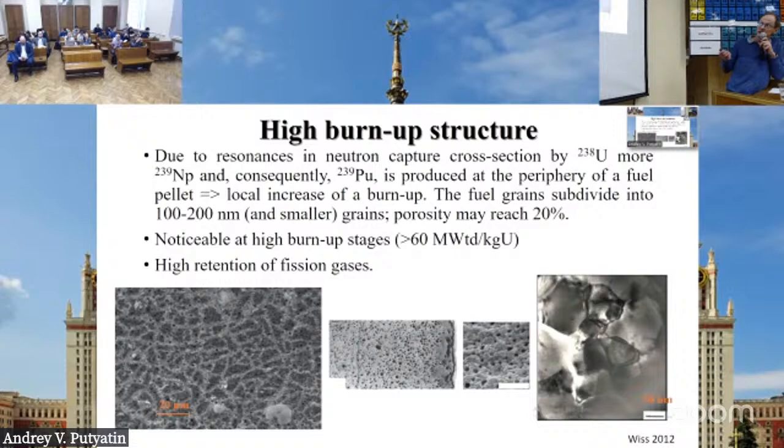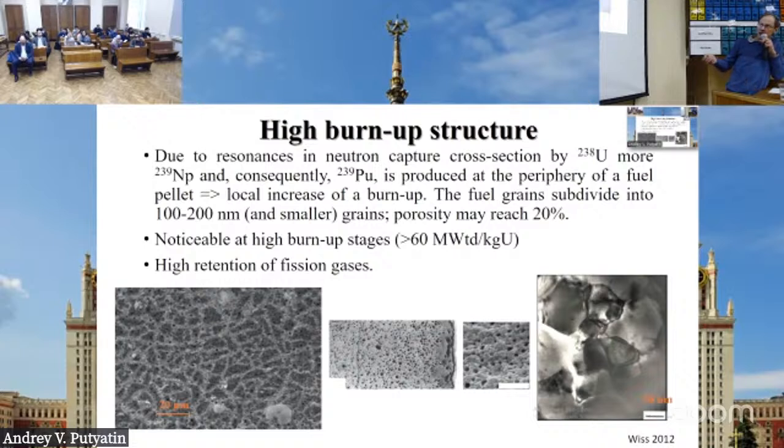This structure starts to be visible at very high burn-ups, exceeding something like 60 megawatt-days per kilogram of uranium. And this phase is characterized by very, very small grains with very high porosity, and these grains are just several tens or 100 nanometers in size.